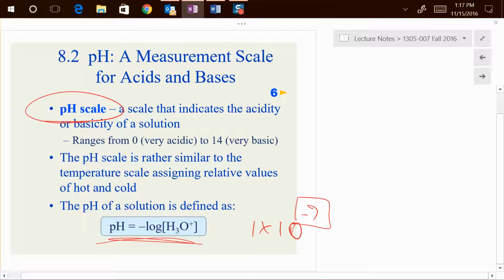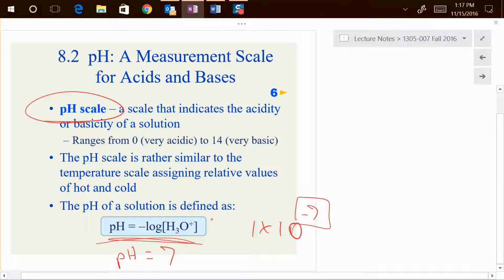Negative 7 is the log. So if my pH is equal to the negative log of 1 times 10 to the negative 7, then what is the negative of negative 7? Positive 7. So my pH is equal to 7.